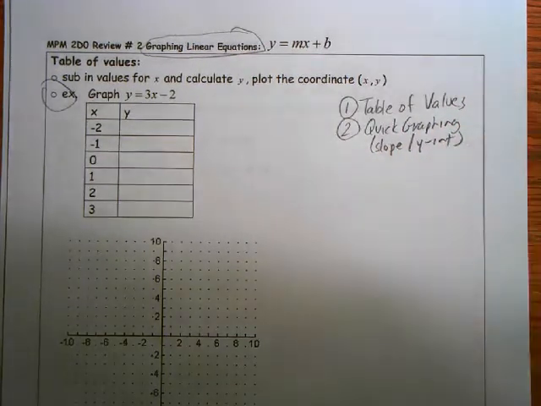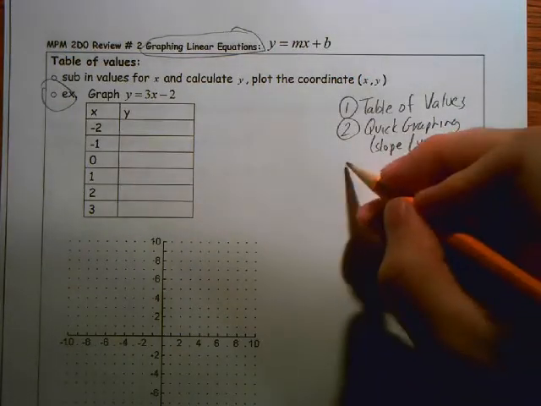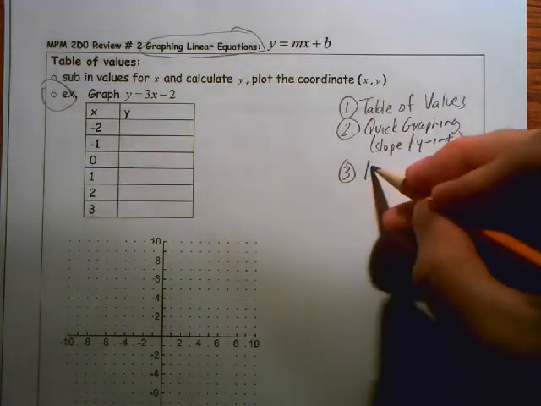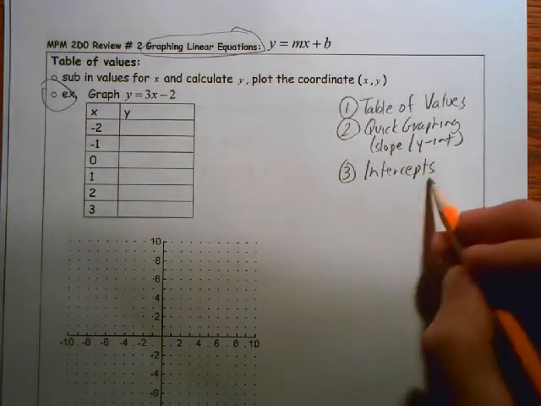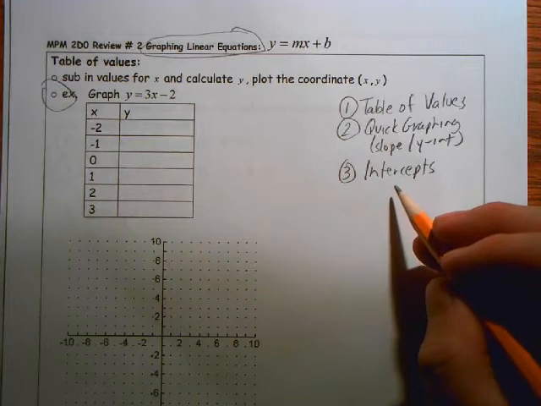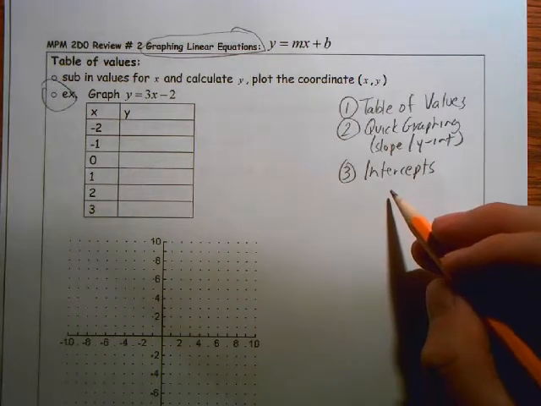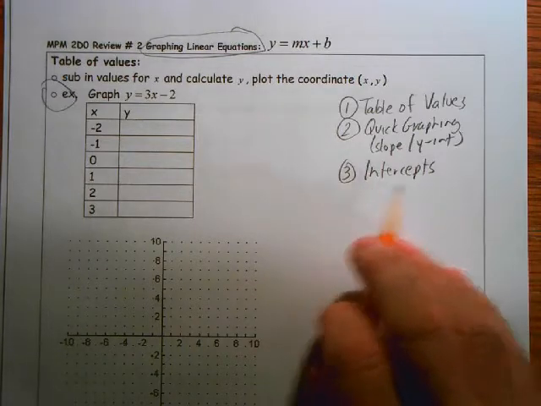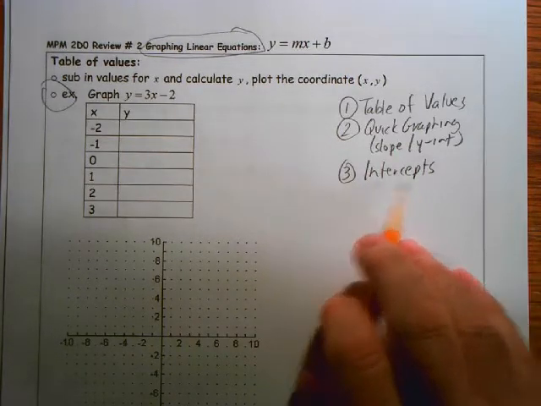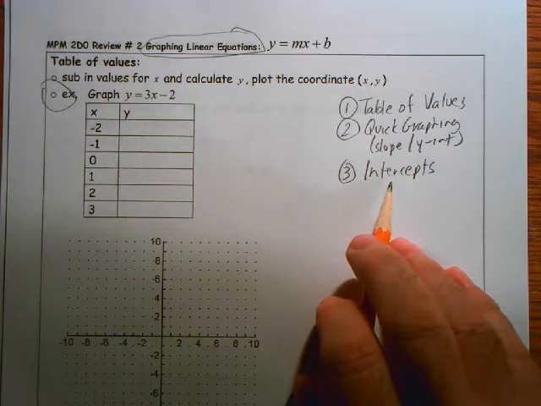So it might have that name, slope y-intercept graphing. And then the third one is using the intercepts. This one's probably the least used, but there are some cases where, based on how the equation's given to you, this might be a quick way of getting the graph without rearranging your equation.